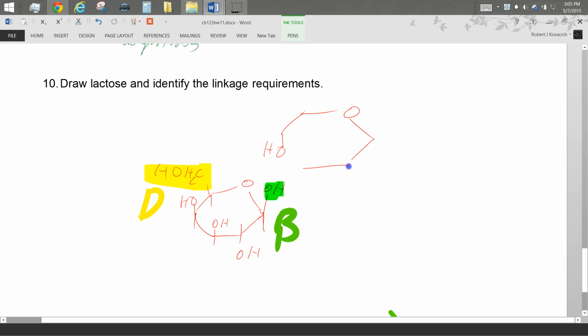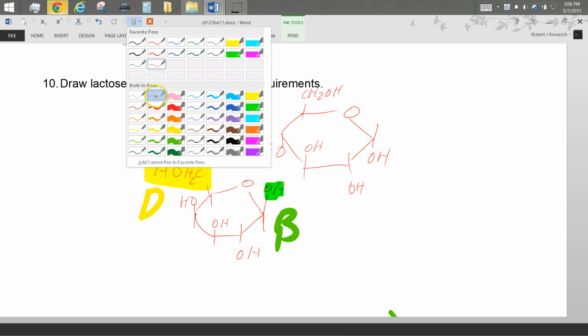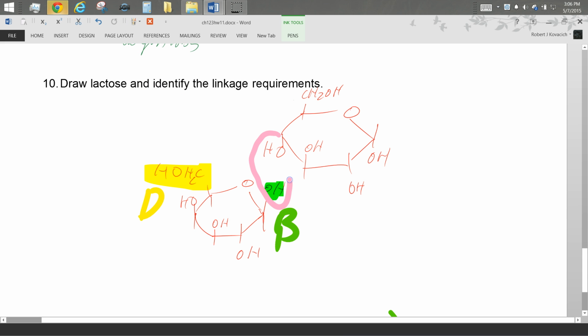That's not glucose on the bottom, that's galactose. And then I called the one on the right alpha D glucose, and the beta D galactose on the left.